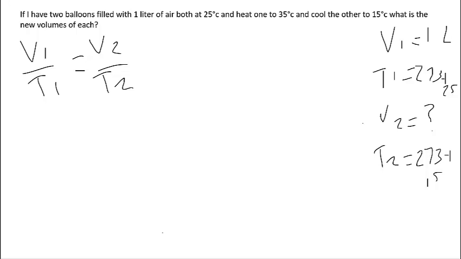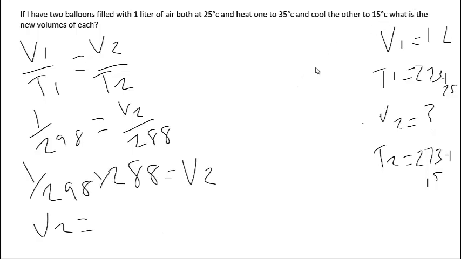So we sub in all our points again. So now we've got 1 litre over 298 Kelvin equals our V2 divided by 288 Kelvin. So we do the same again, 1 over 298, this time times 288 to give us our V2 of 0.966 litres.